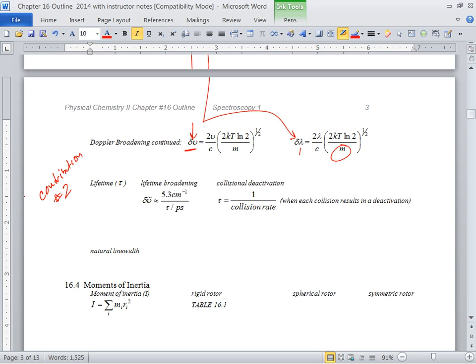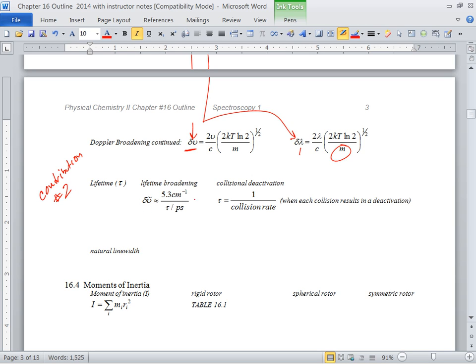It stays in the excited state for a certain amount of time. Well, that's going to cause problems too. So we've got lifetime broadening. And we never really talked about the Heisenberg uncertainty principle, time dependent. We never really talked about it that much. And that's where this is really coming from.